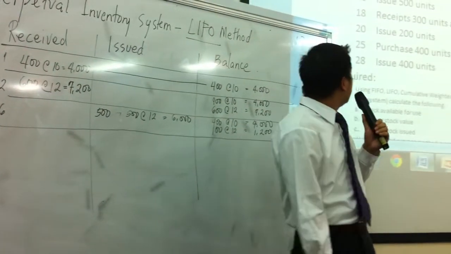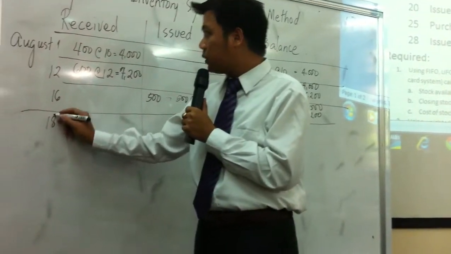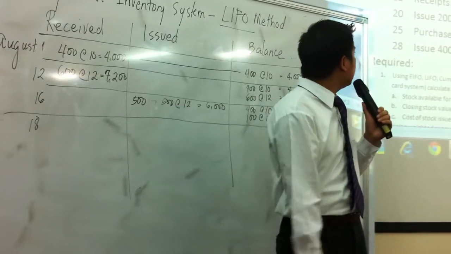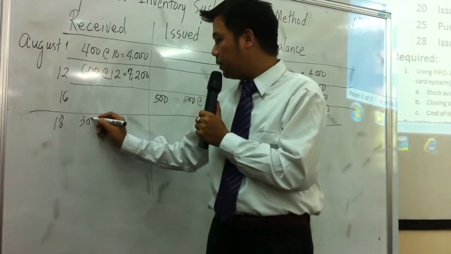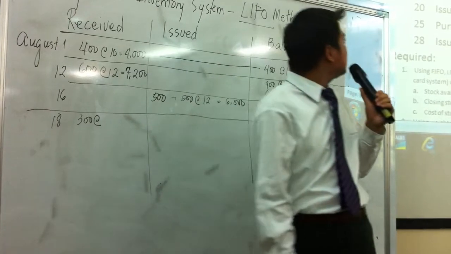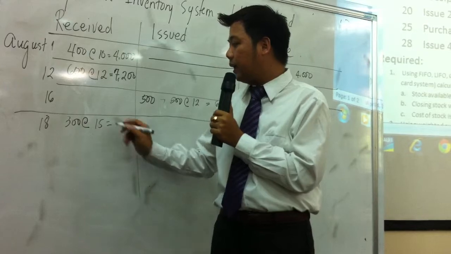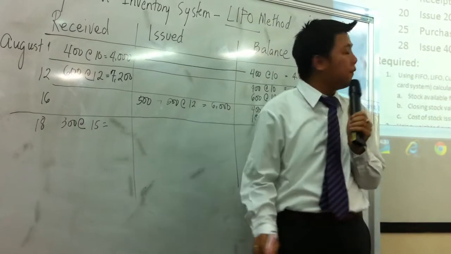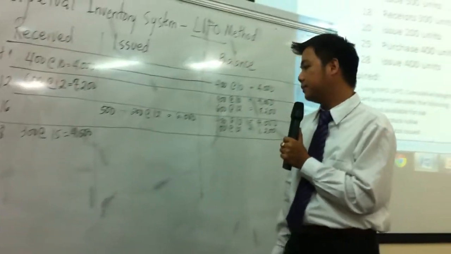Next, August 18. So, receipt of 300 units at how much? 15. And that is how much? 4,500.